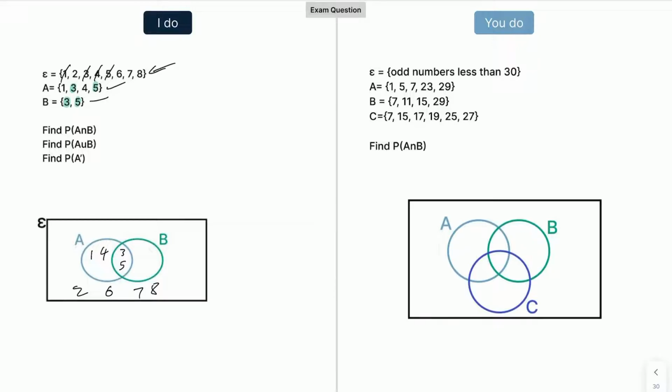So again, the way I like to start this is by looking at each of these 3.